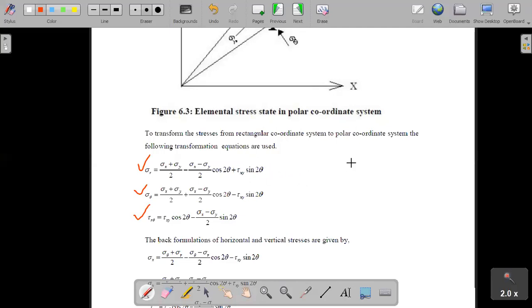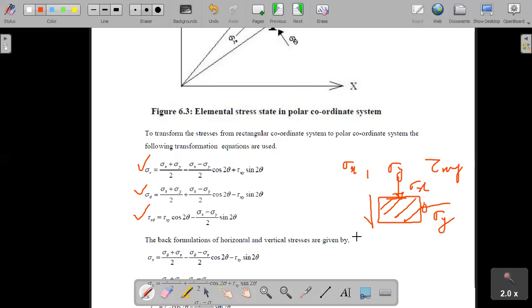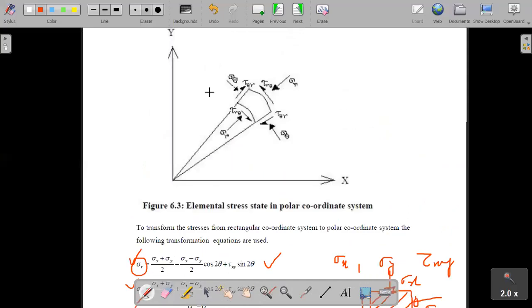Due to the stresses, when sigma x and sigma y and tau xy are there on any rock, obviously it will be in compression because we are calculating for underground mine. So you know the formula, sigma r, sigma theta. Sigma r is the radial.